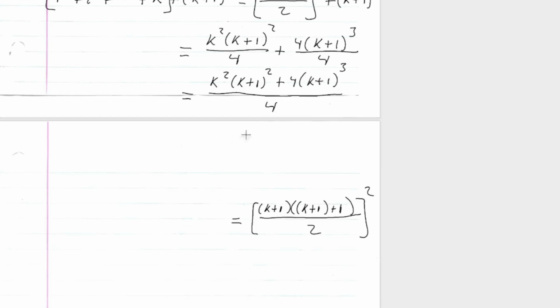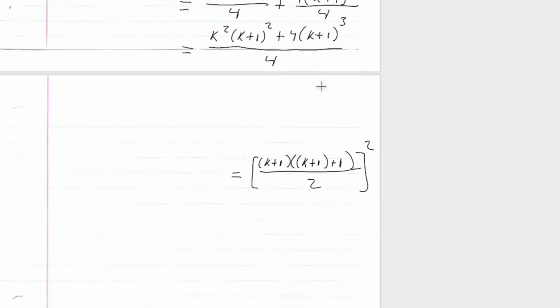Right? So both of these have k plus 1 squared terms. So I'm going to factor out k plus 1 squared. And then I'm going to be left with k squared plus 4 times k plus 1, and that's going to be all over 4.